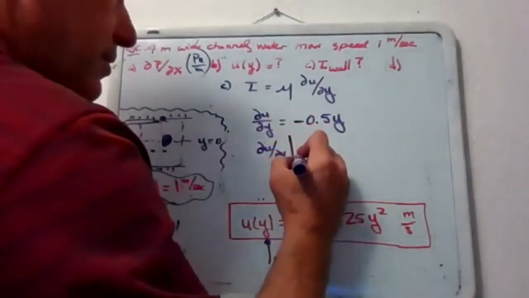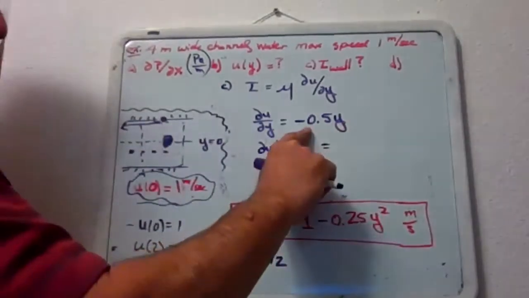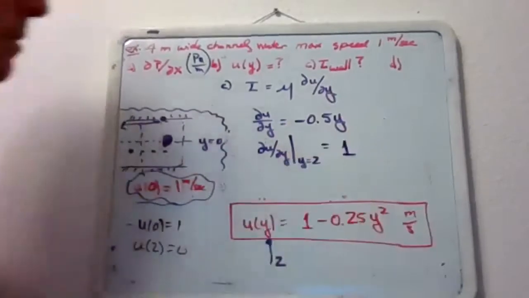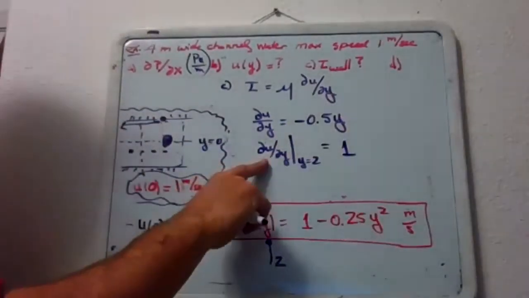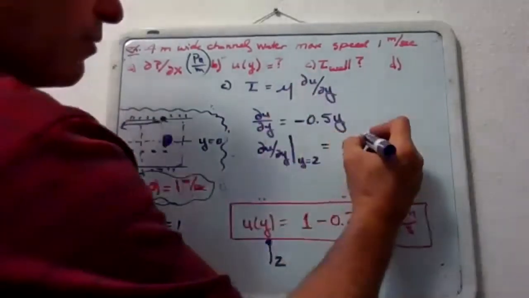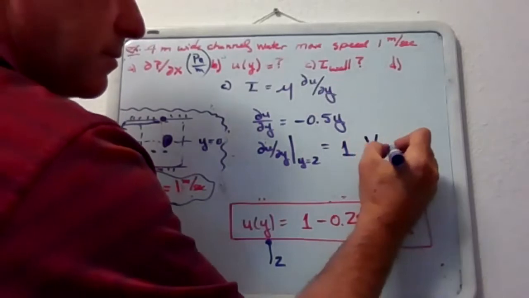I like positive numbers, so I'm going to do it at y equals 2. Negative 0.5 times 2 is 1, and that is meters per second per meter, or 1 over seconds.